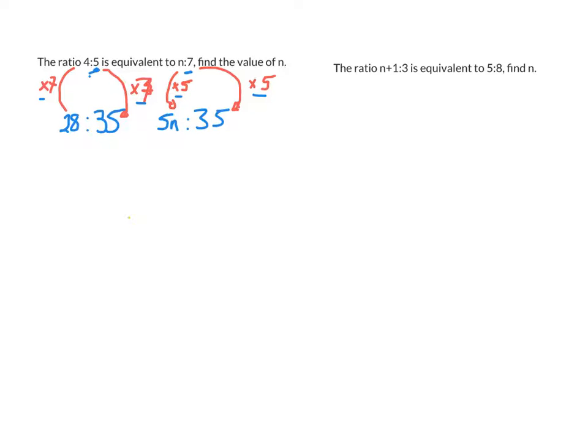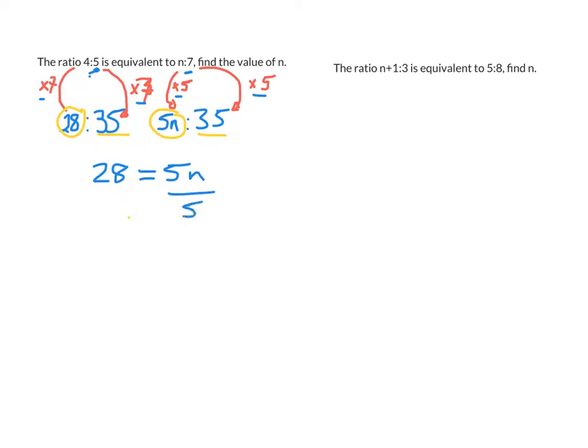So what this now tells us is that 35 is the same as 35, and therefore 28 is equal to 5n. So once we know 28 is equal to 5n, we can work out what 1n is equal to.